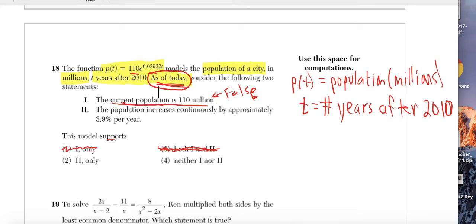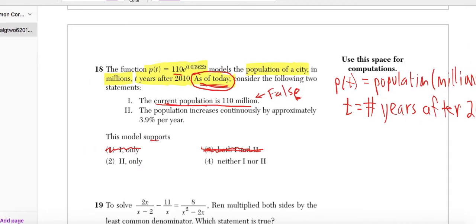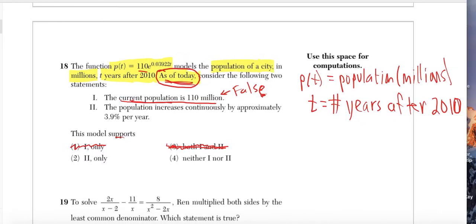Now let's look at option 2. The population increases continuously by approximately 3.9% per year. So here's how continuous growth looks, guys. If a population or a value increases continuously, the exponential growth formula looks like this: the population after t years is equal to the initial population, which I'll call P0, times e to the rt, where e is used for continuous compounding and r is the growth rate as a decimal.